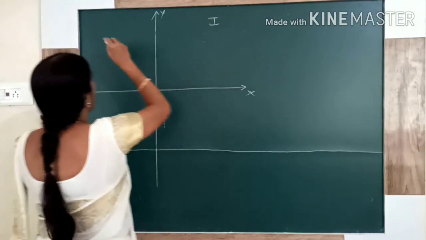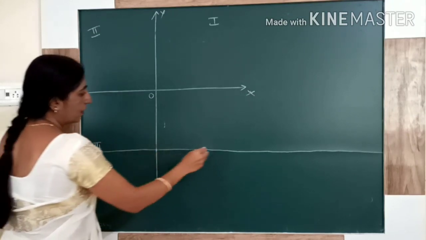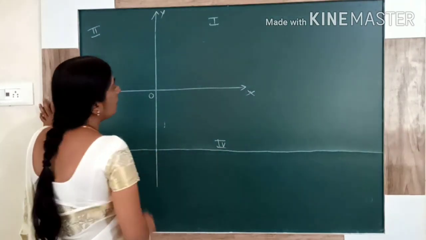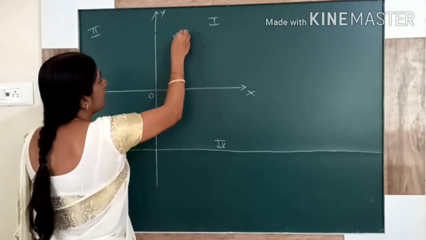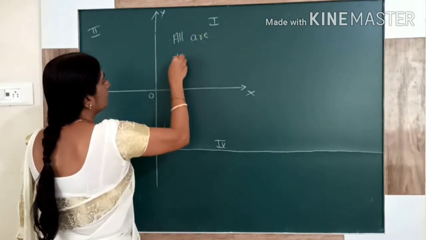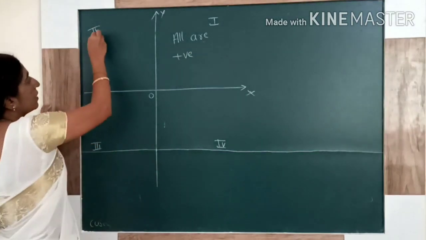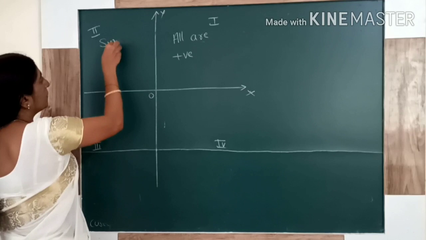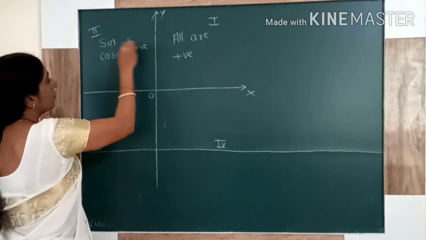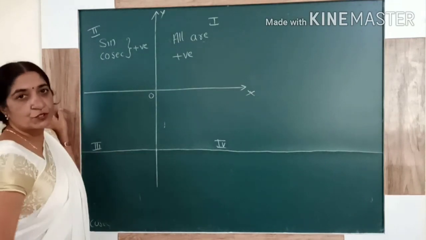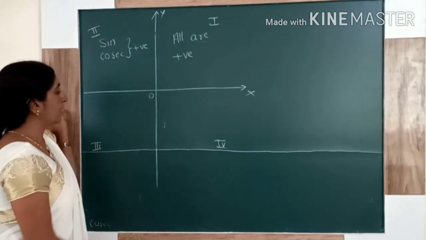This is first quadrant, this is the second, this is the third, and this one is fourth. See, in the first quadrant, all trigonometric terms are positive. In the second quadrant, sine and cosec are positive. If only these two are positive, what about the remaining four? The remaining four will be negative.